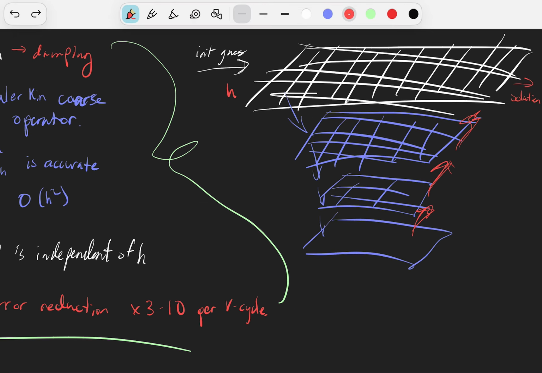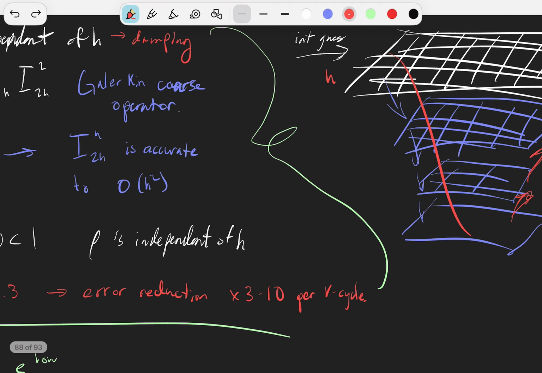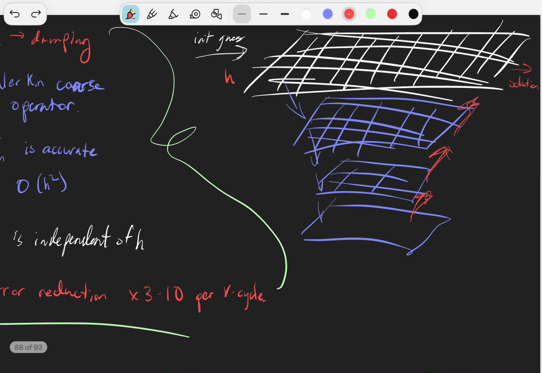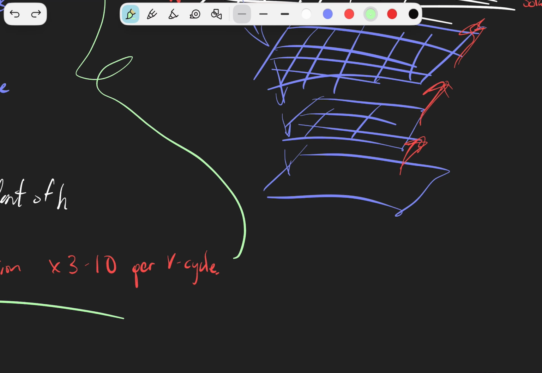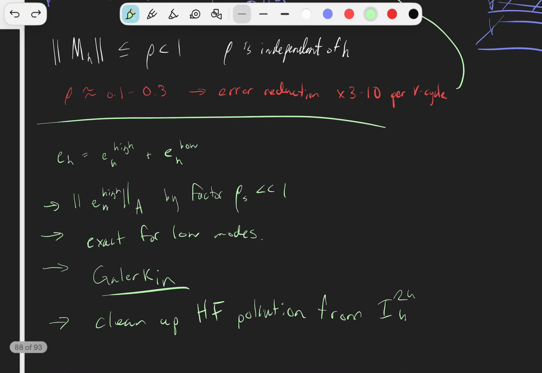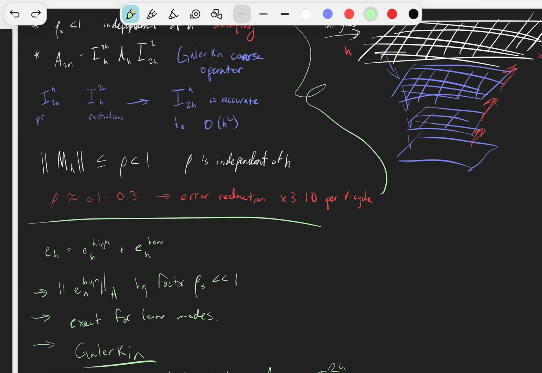Okay, hopefully that makes intuitive sense. That's why it's like this V, right? It's called a V cycle. And again, what we should be able to get out of this is that the convergence is independent of the mesh size.